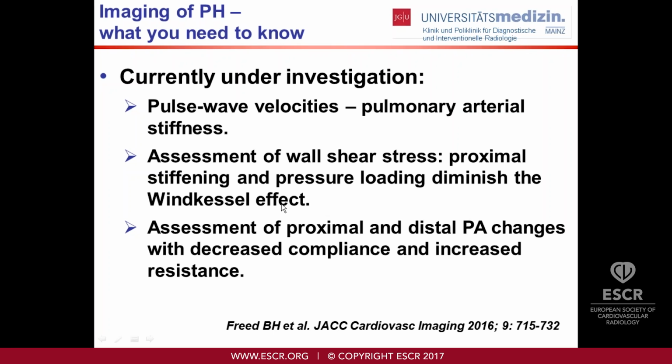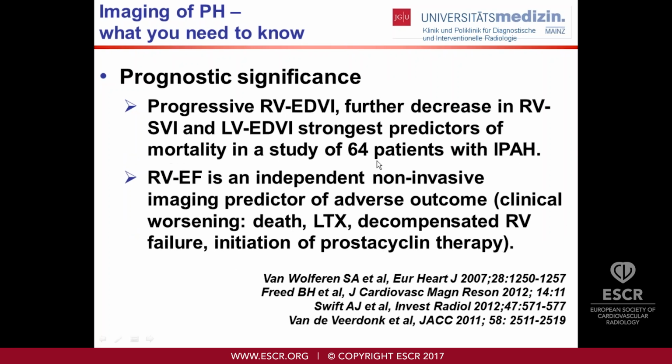For example, right ventricular end diastolic volume index, or the stroke volume index, and also the left ventricular end diastolic volume index. They have been the strongest predictors of mortality in patients with idiopathic PH, and the ejection fraction is very, very important, and basically it's relatively easy to determine.